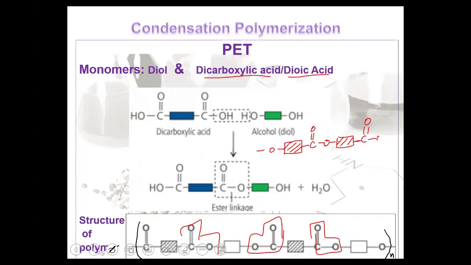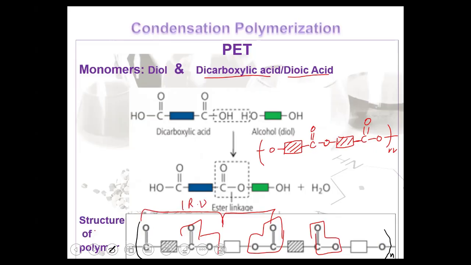So if I make two repeat units of this, there are only two monomers repeating and giving you two repeat units because the monomer was only one single monomer. However, in PET, the two repeat units would be made with four monomers, one dioic and one diol making one repeat unit.